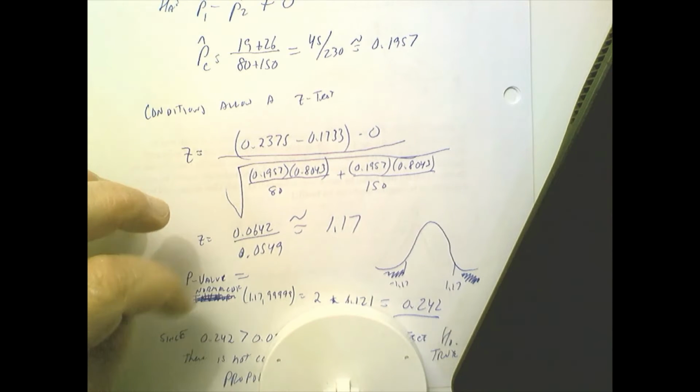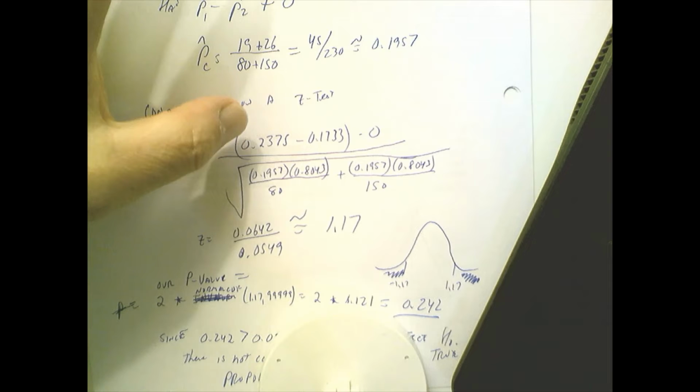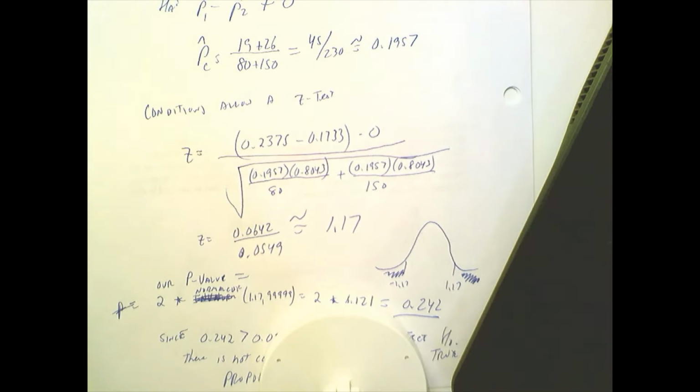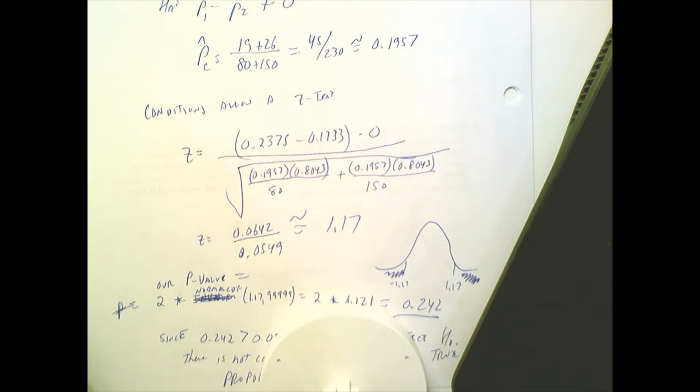And when I get this all done, that numerator will become 0.0549. My denominator is 0.0642. When I crunch the numbers, I get a z-value of 1.17.